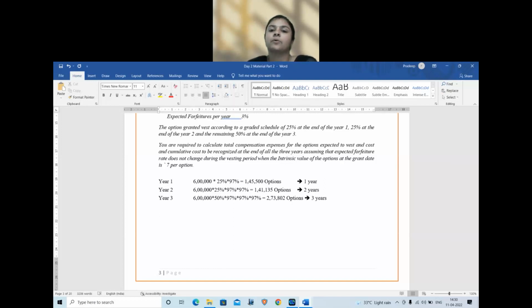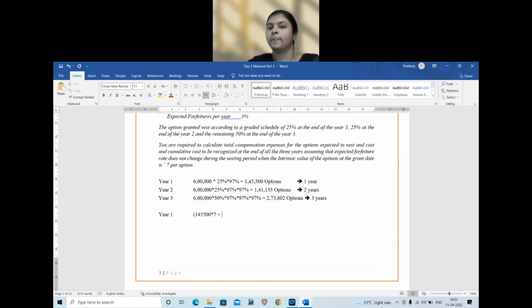Now, coming to the expense. Year 1, what is the expense? In year 1, for the first 25 percentage we need to recognize, second 25 also we need to recognize, third 25 also we need to recognize. Correct? So, we will say 1,45,500 options into 7 rupees per option.